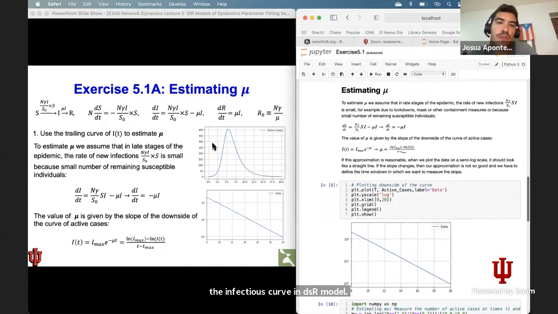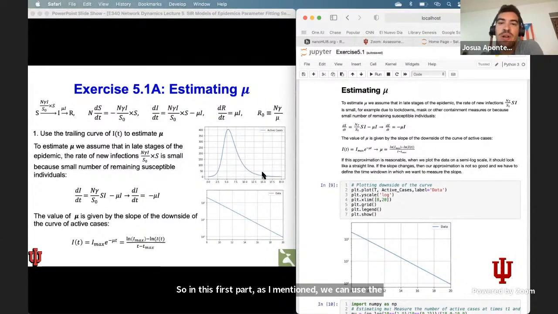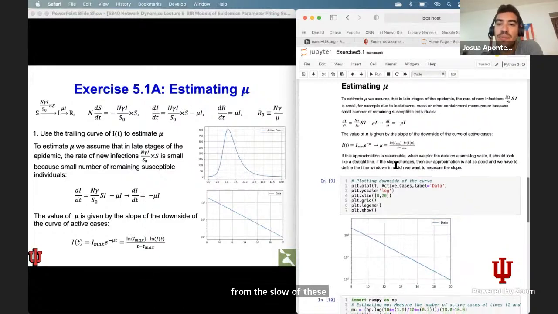In this first part, we use the assumption that in the trailing part of the infectious or active cases curve, the rate of new infections is small, so we can estimate mu just from the slope of this curve.